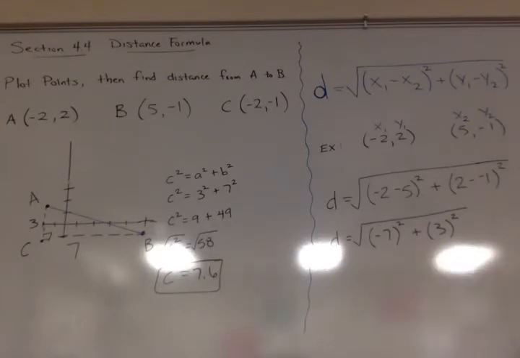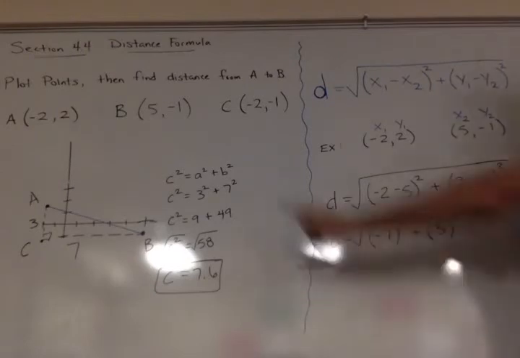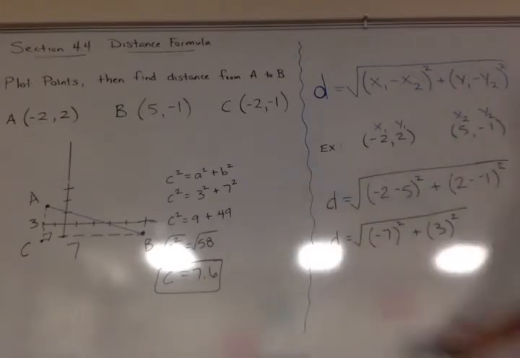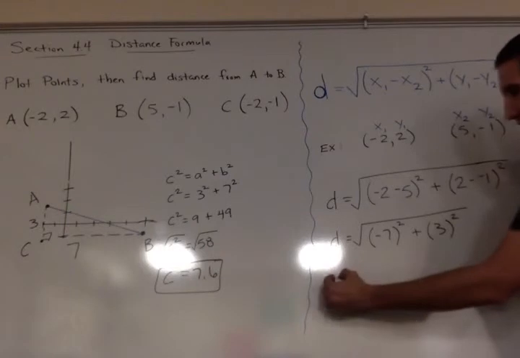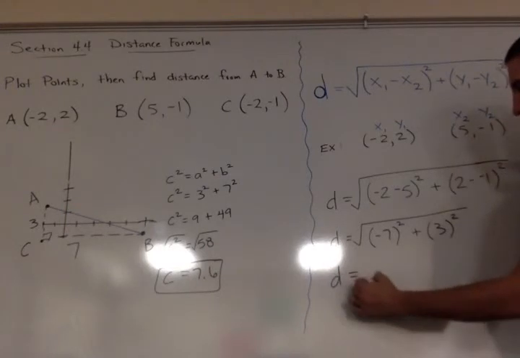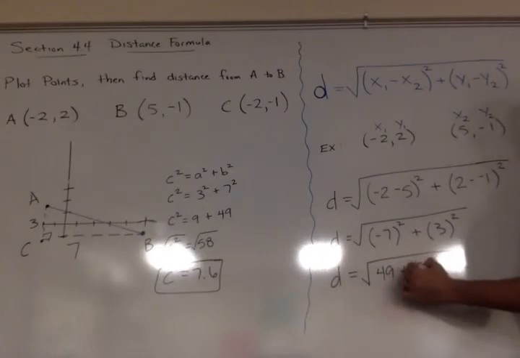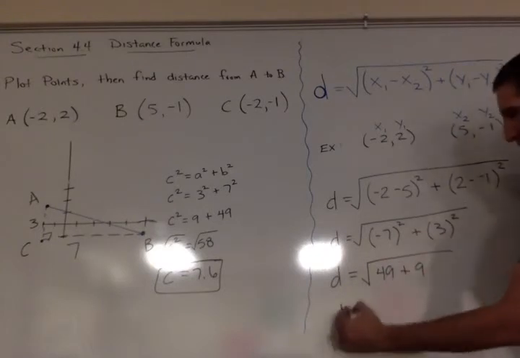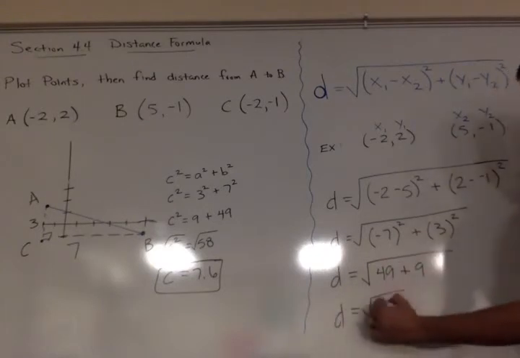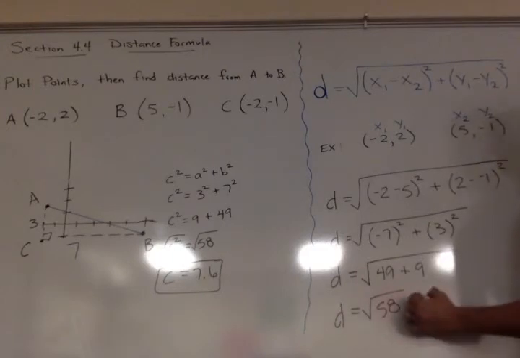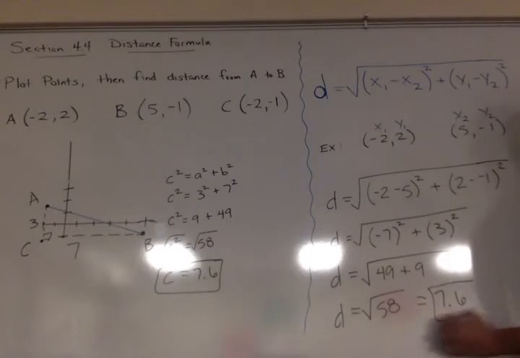That shows you that this distance formula is just another version of Pythagorean's theorem on a coordinate plane. To finish this problem, d equals the square root of 49 plus 9. D equals the square root of 58, which is about 7.6 if we round to 1 decimal place.